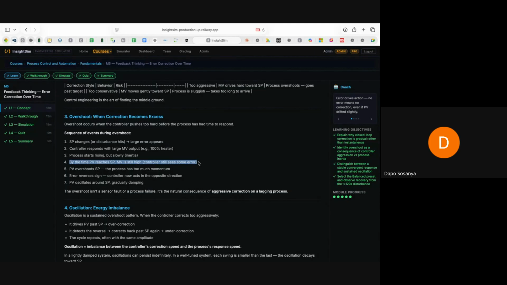The controller cycle is in milliseconds or even seconds. The physical process cycle, depending on the size of the process, could be tens of seconds or even minutes.